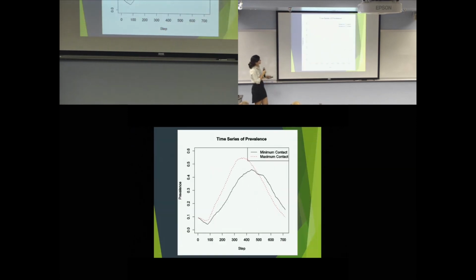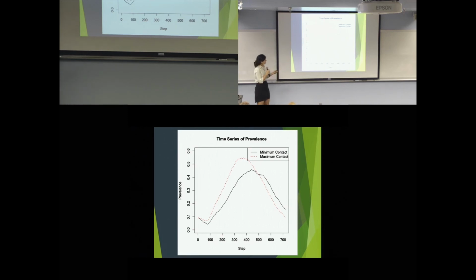Here you can see the time it takes for those cows to contract the disease, and it's a lot higher in that maximum contact than the minimum contact because they take more time to develop the disease, and you have more time there to vaccinate your cows, to separate the individuals, and stuff like that.